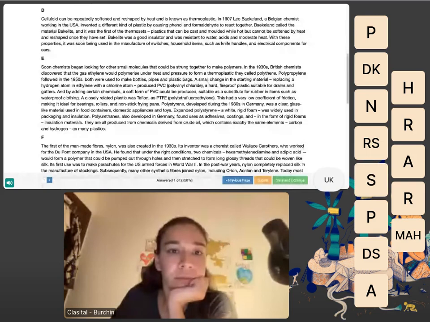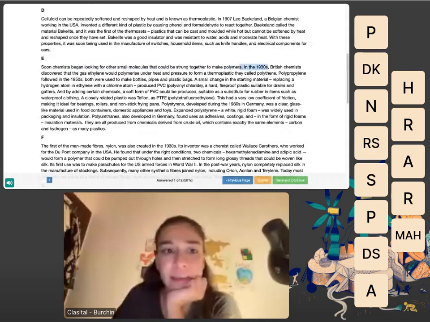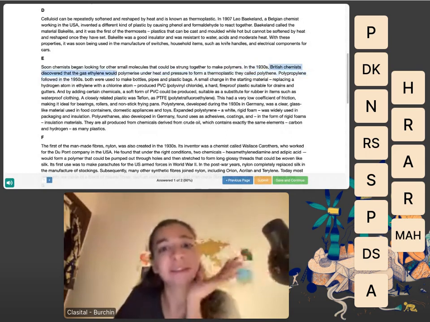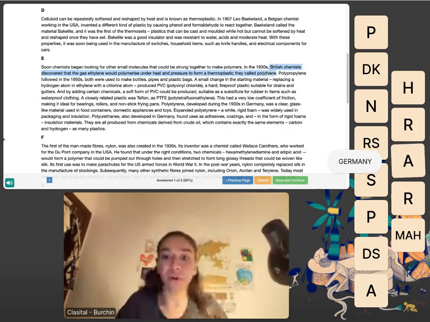Looking for other small polymers, in the 1930s, British chemists discovered the gas ethylene would polymerize under heat and pressure to form a thermoplastic called polyethylene.